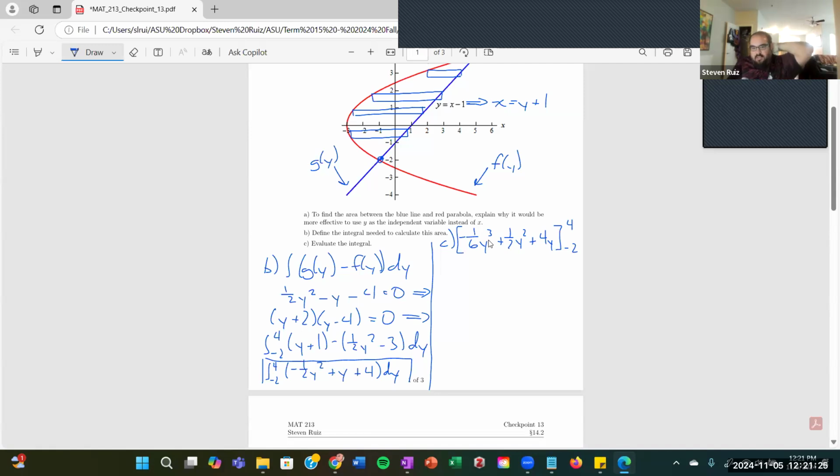All right, so when I plug in 4, what do I get? I get -64/6 plus 1/2 of 16, so plus 8. Looks like a 9, doesn't it? Don't connect those. Plus 16. All right, then I subtract all this stuff.